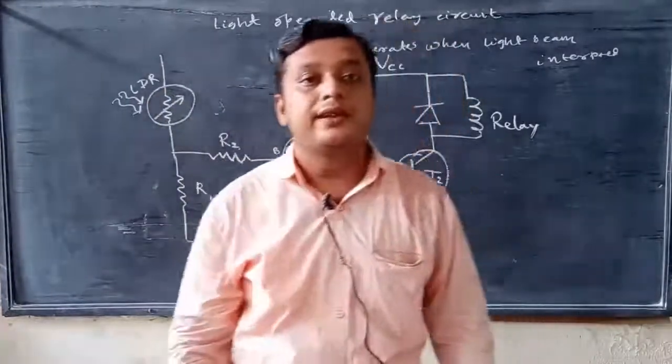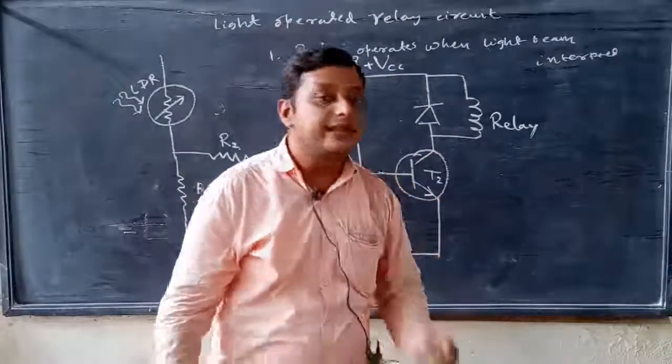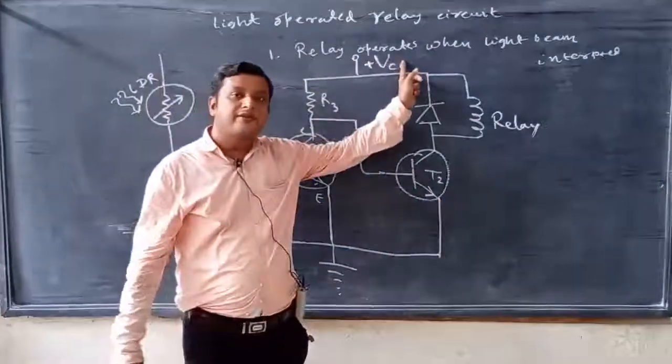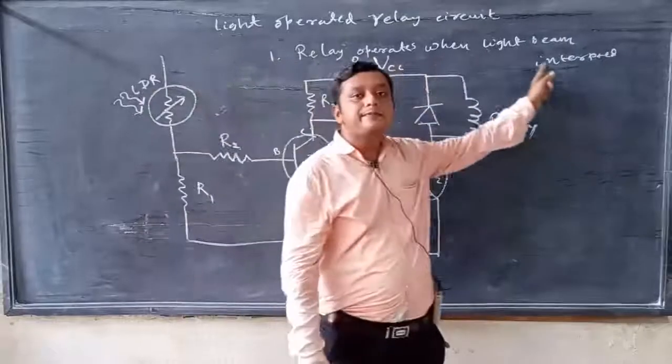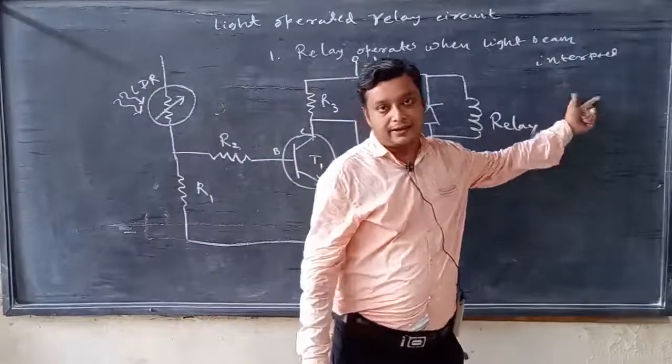This is a relay circuit, and the relay operates when the light beam is interrupted.